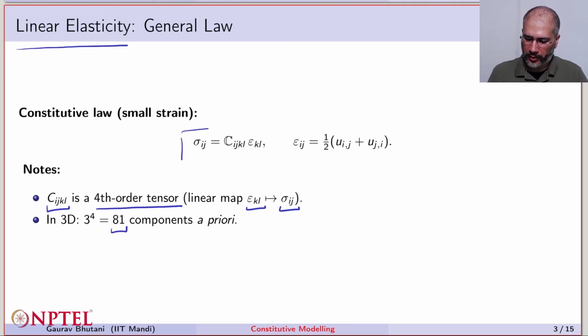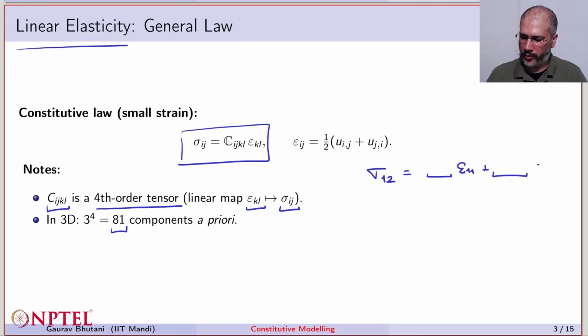So if I look at this relationship, then sigma, let's say sigma_12, would be written as a linear combination of the different epsilons. It will be some coefficient times epsilon_11 plus some coefficient times epsilon_12 and so on. So every sigma is a linear combination of different epsilons, and that is what results in this linear map for the linear elastic material.